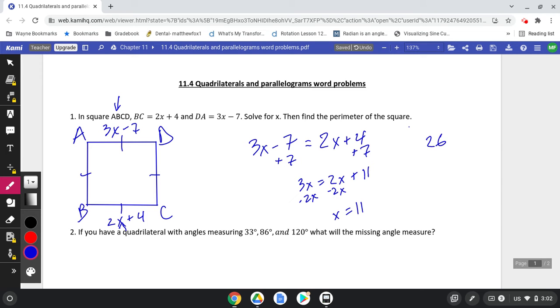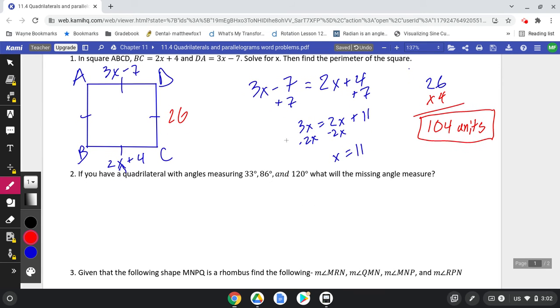That would be the measurement of each of these sides. So 26, but we know that for all four sides. So 26 times 4 will give us our total, which is 104. We don't have a label, so we'll just say 104 units. That is the perimeter of our square.